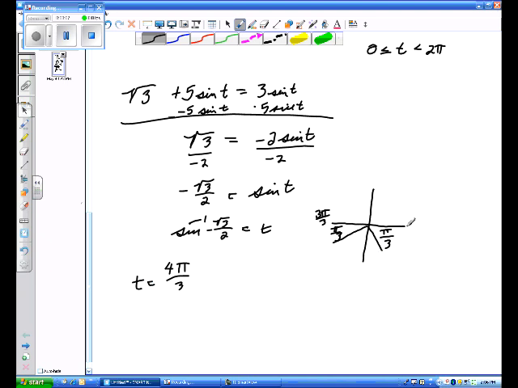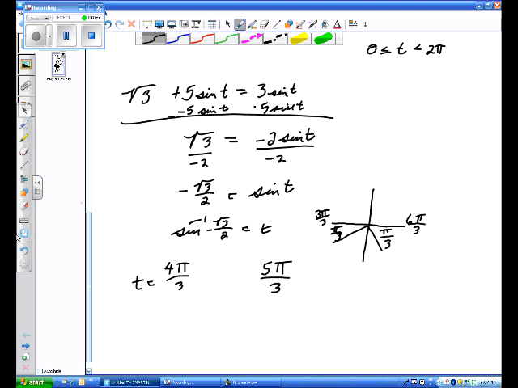In the fourth quadrant, this would be 2 pi, which, in thirds, would be 6 thirds. So 6 pi over 3 minus pi over 3 would be 5 pi over 3. So it's not hard to give our answer in radians.